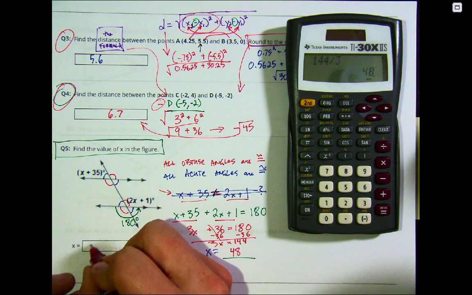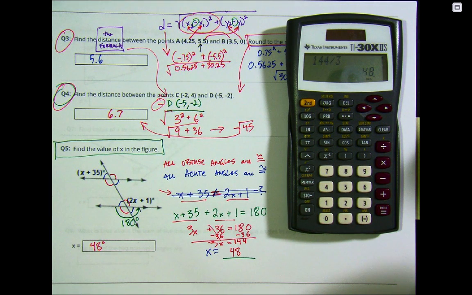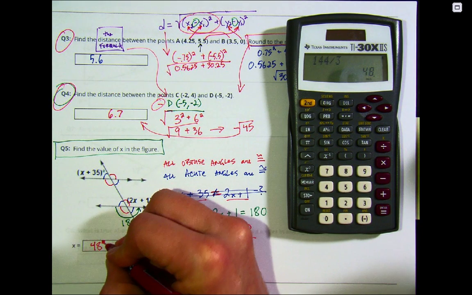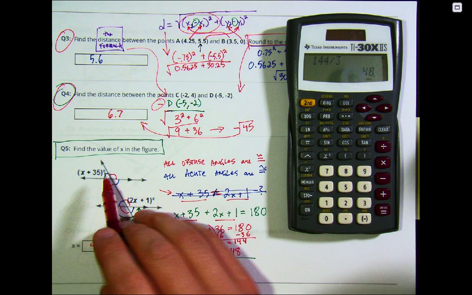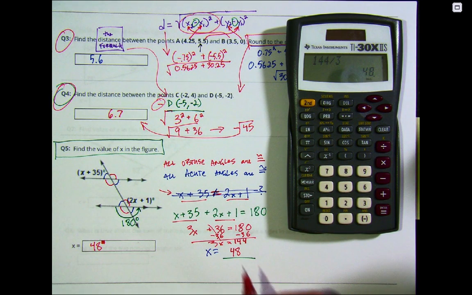X equals 48 degrees. I don't know if you had to put the little degree symbol in there in Edulastic or not. Probably not. Okay, so now, wait a second. X isn't 48 degrees. X is 48, so how many degrees is this? It's not asking you to do this, but follow me for a second.